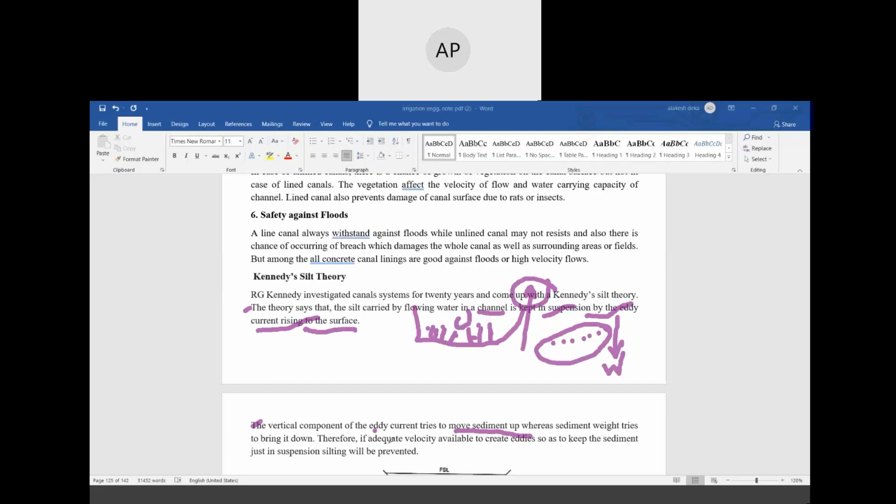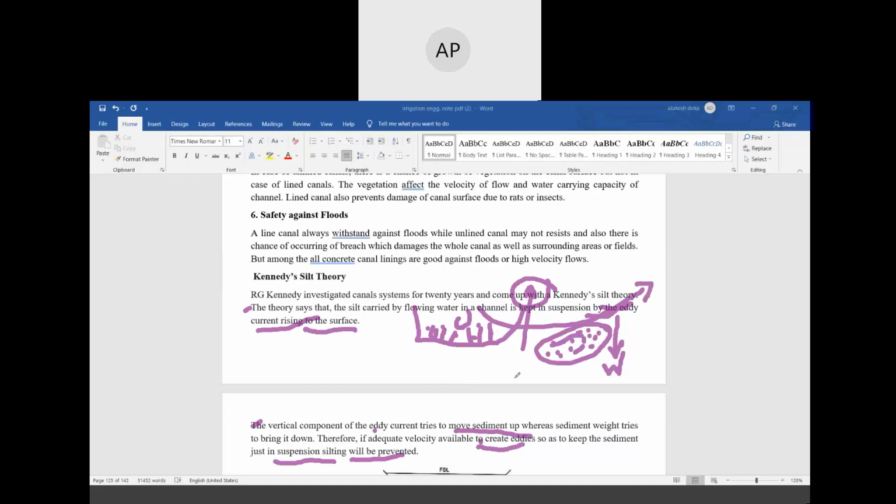So if adequate velocity is available to create eddies so as to keep the sediment just in suspension, silting will be prevented. Suppose we can hold the particulate matter flowing together with the water in suspension, then it will not settle in the channel, isn't it?